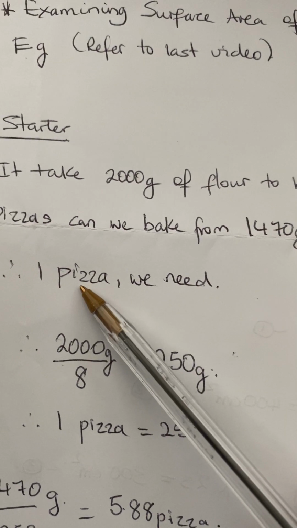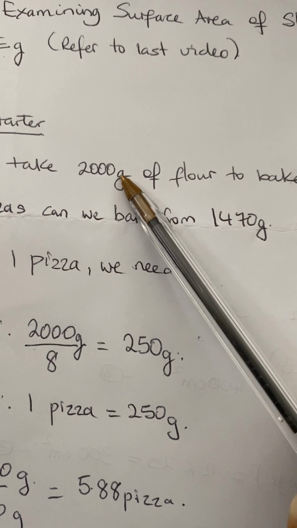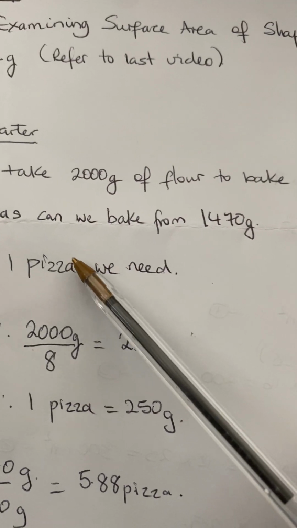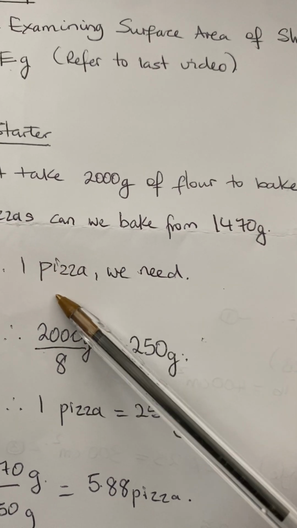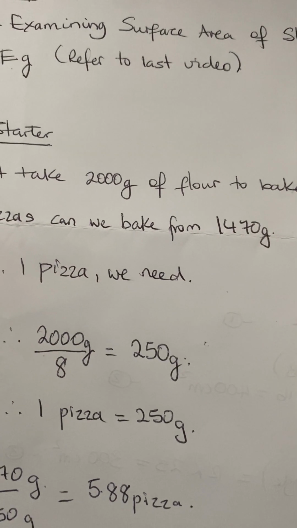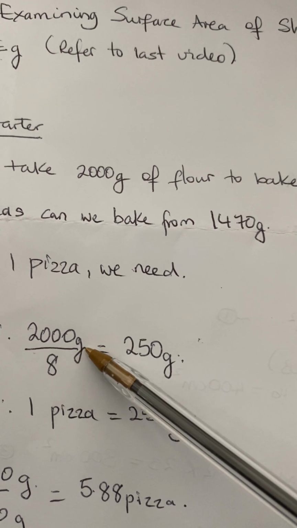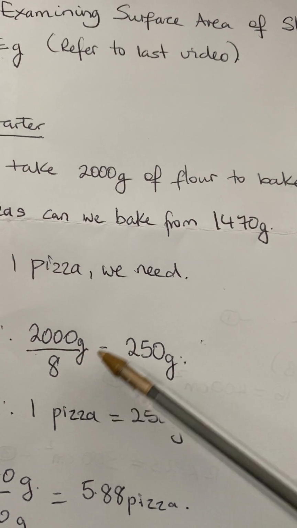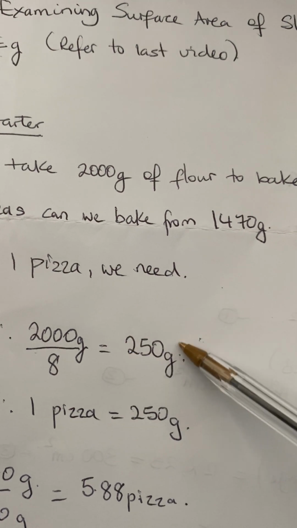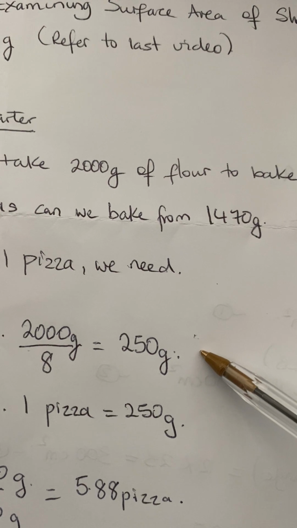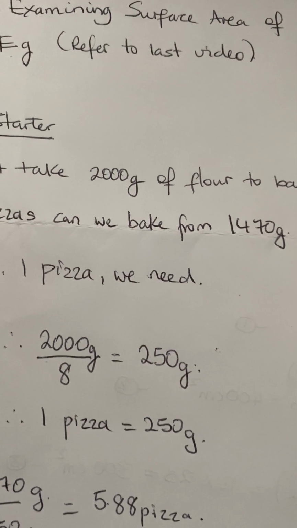If it takes this much to bake 8 medium, we need to find how much it will take to bake 1 pizza. So we divide 2,000 grams by 8. So it means we need 250 grams of flour to bake 1 pizza.